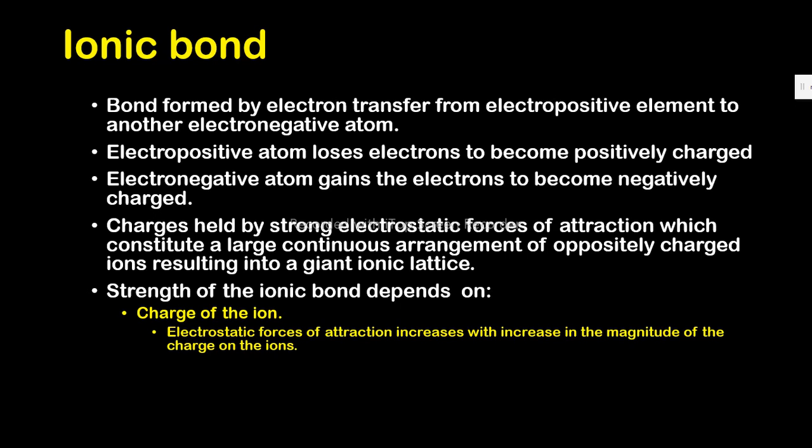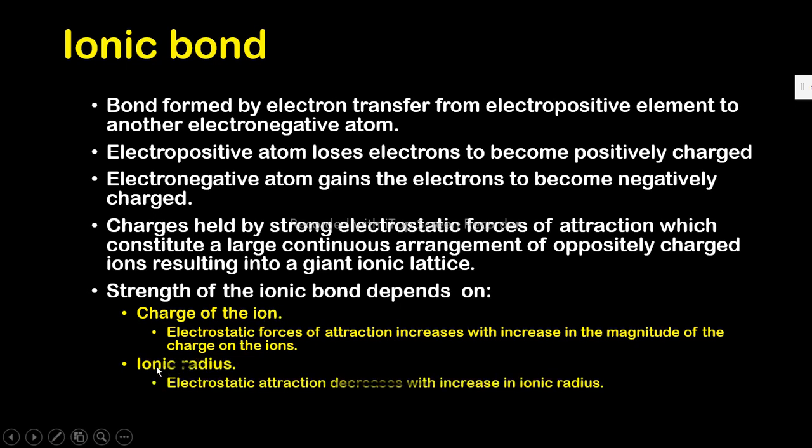And so the higher the charge, the higher the charge density. Anyway, charge density can be combined with the ionic radius. The higher the charge, the higher the electrons lost, and so the higher the number of electrons used to form that ionic bond, and so the stronger the bond.